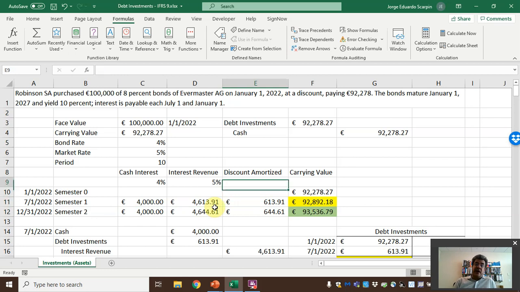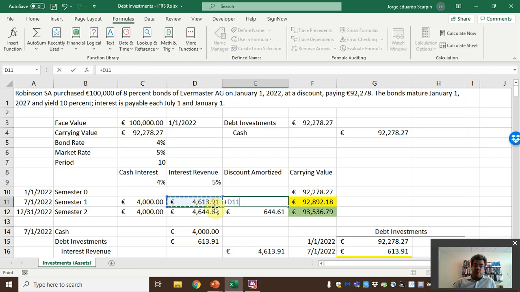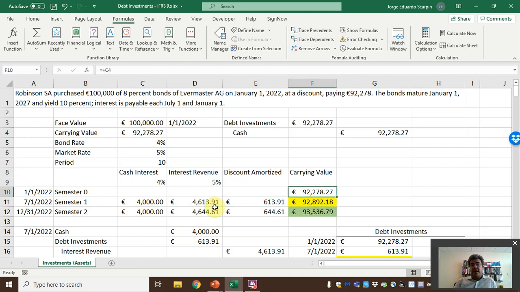So the discount, that is the difference between face value and carrying value, is the difference between both. So our carrying value goes up and up, and after the 10th semester it will be 100,000 euros. Now the interest revenue will go up because the carrying value will go up.